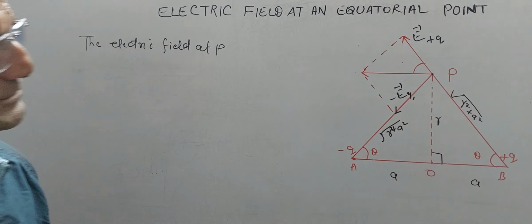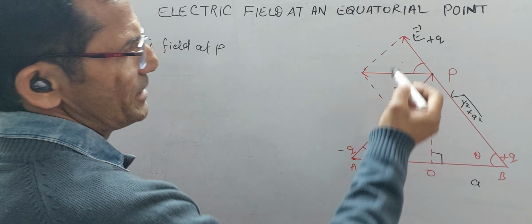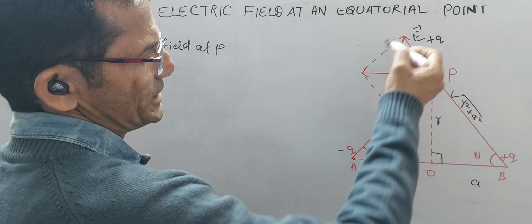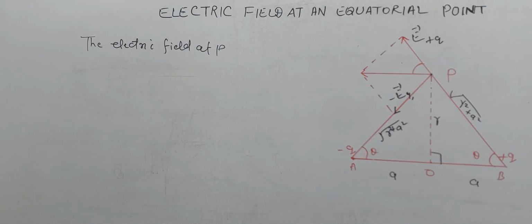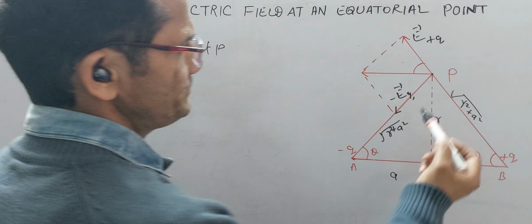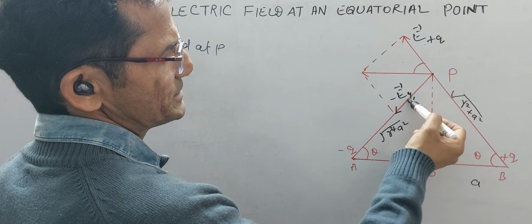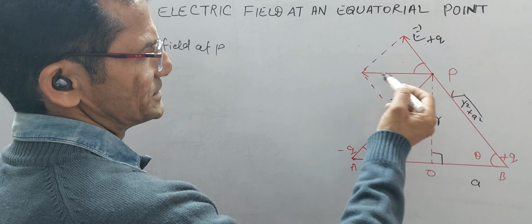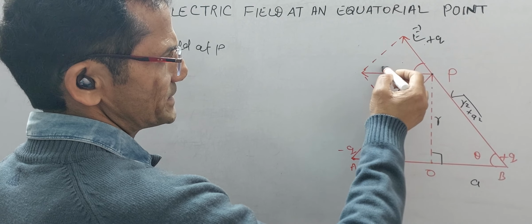So the resultant will be: I make a parallelogram whose adjacent vectors are this and this. The resultant will be along the diagonal, so the diagonal will be the resultant electric field.